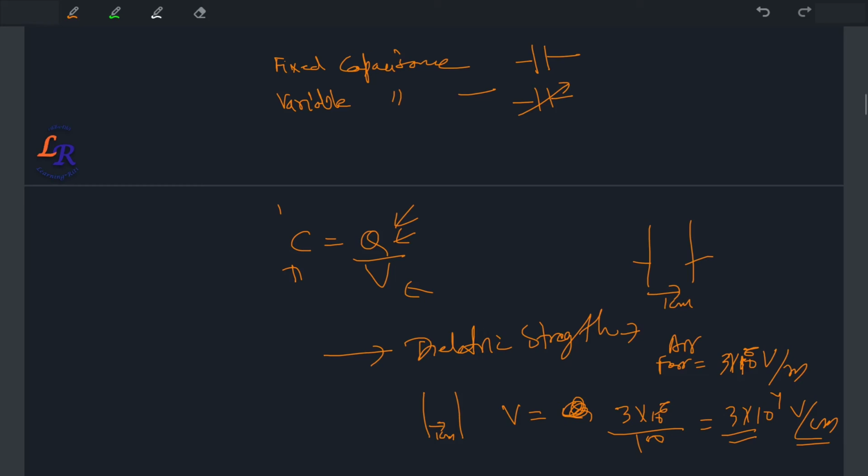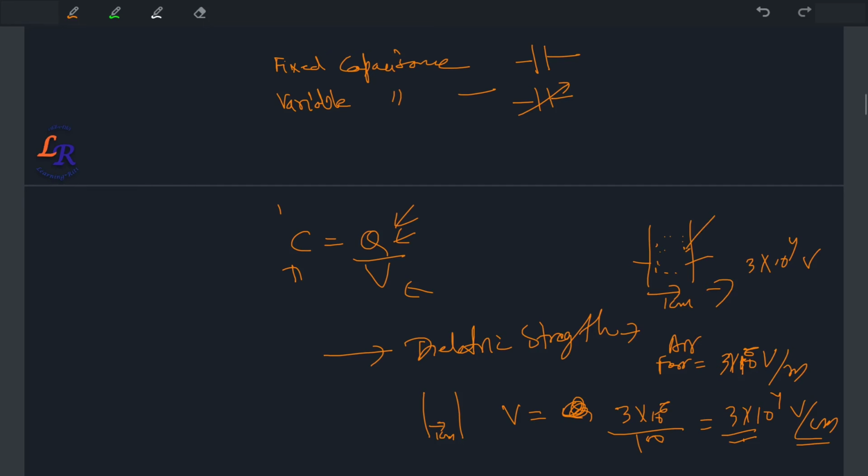So for this kind of capacitor, if the potential difference is of the order of 10 power 4 or above that, we may have a breakdown, which would just charge the atmosphere here, and that can compensate the charge within it.